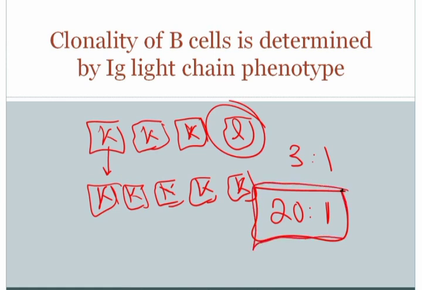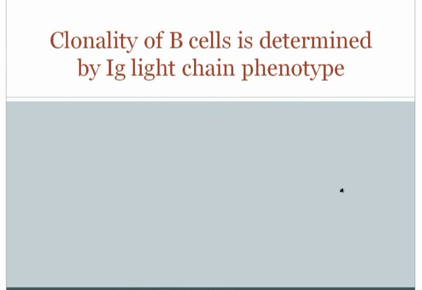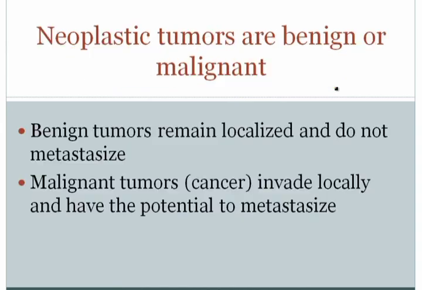So once you hear that the light chain ratio is 20:1, you know that you're dealing with a monoclonal proliferation, and that monoclonal proliferation must then be a lymphoma, because that's really the only tumor that you can get within a lymph node. So I hope that that's clear, because that, again, is also high yield. So again, here's what I've stated in the book. In your text, the clonality of B cells is determined by immunoglobulin light chain phenotype.